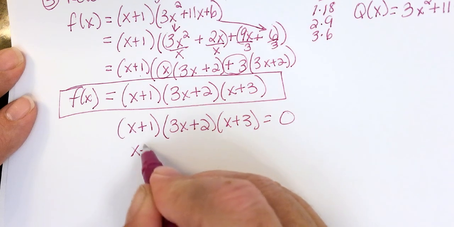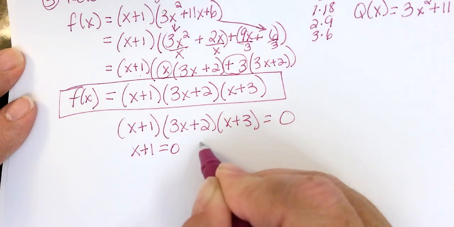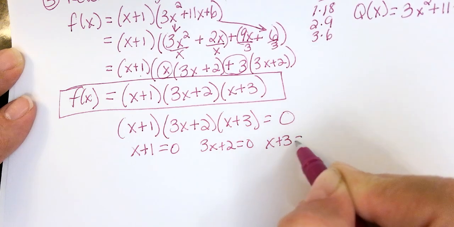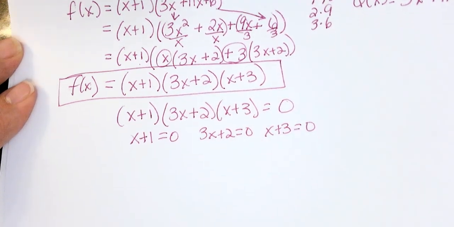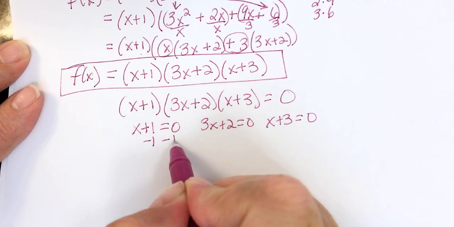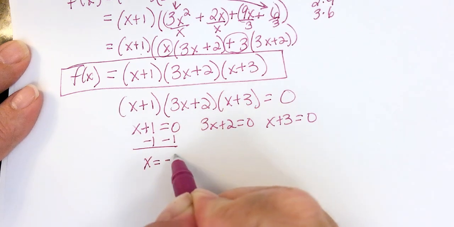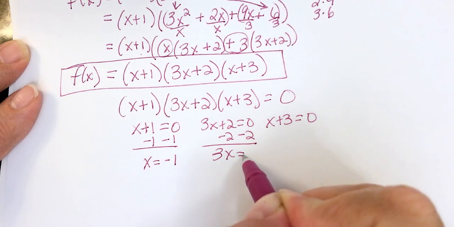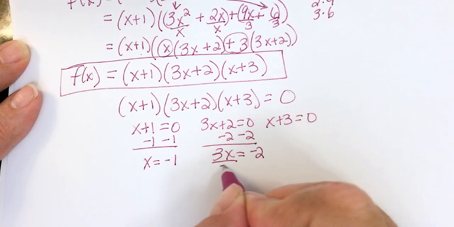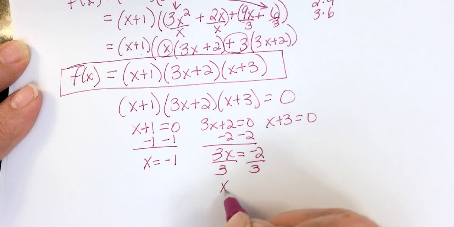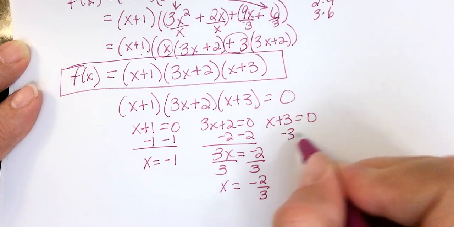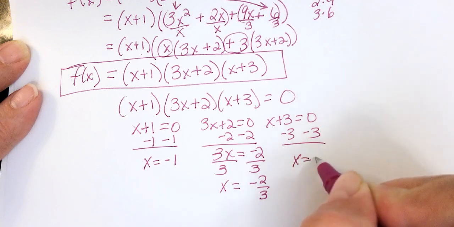So we're going to say x plus 1 equals 0, 3x plus 2 equals 0, and x plus 3 equals 0. We want to solve each of these linear equations. So I get x equals negative 1 here, I get negative 2/3, and here I get negative 3.